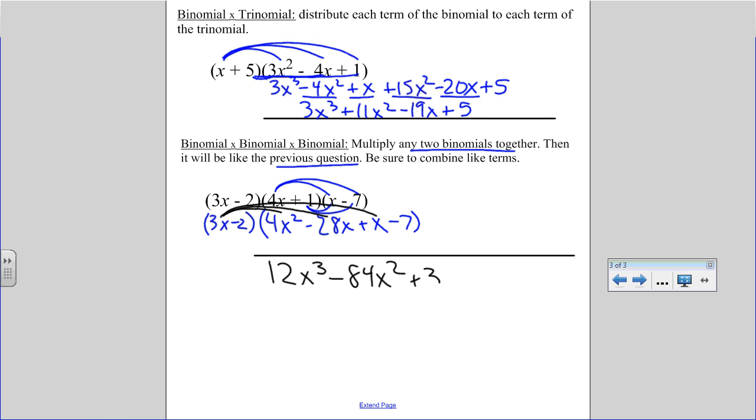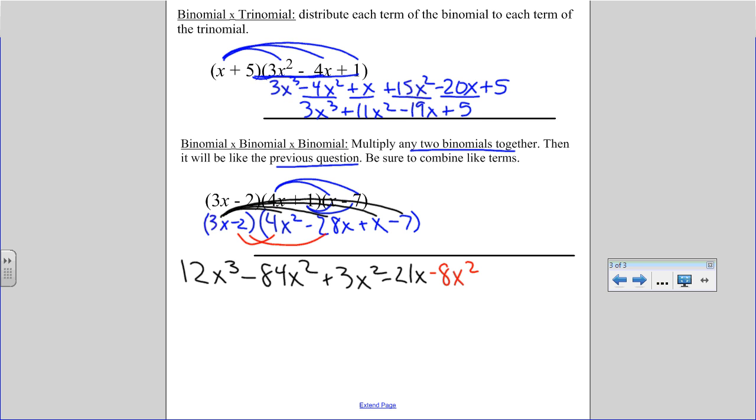This is going to be a 3x squared. And then I'm going to have a negative 21x. I might have to move this over to make sure it all fits there. I then have to distribute with the negative 2, so that's a minus 8x squared, a positive 56x, a negative 2x, and then a positive 14.